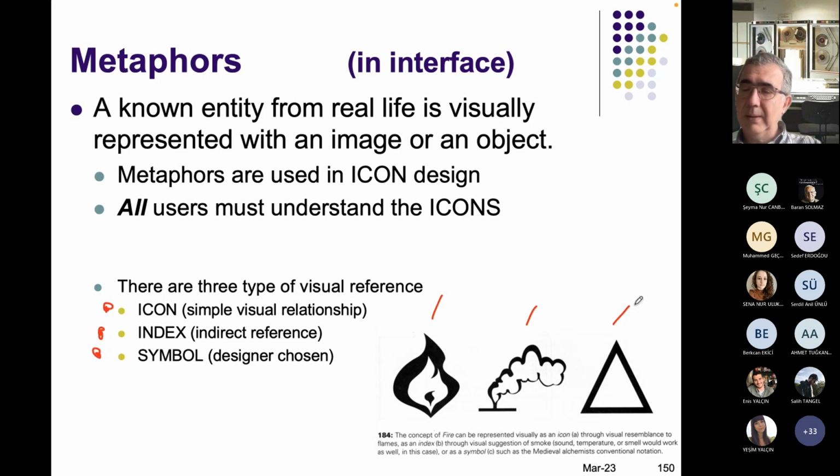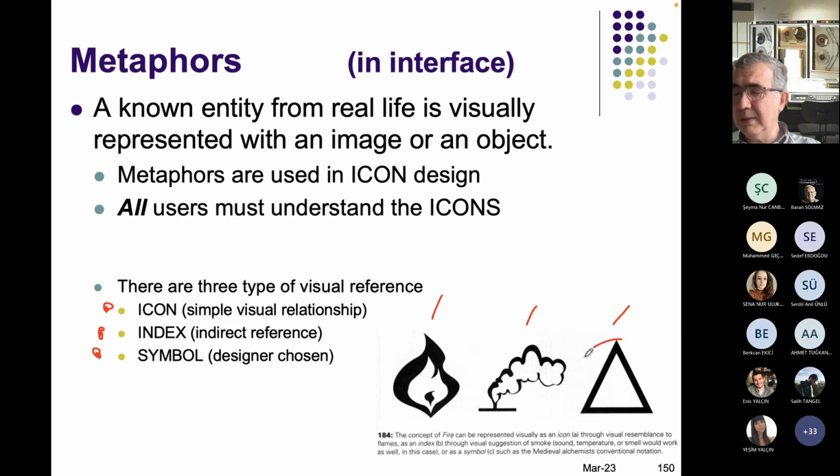Symbol has a distant relationship with the icon, but it has evolved so that the designer has chosen it. Maybe there is a relationship, but maybe not. So it is part of the family of symbols for a certain task. So there is no simple relationship, but over time, you may learn it.